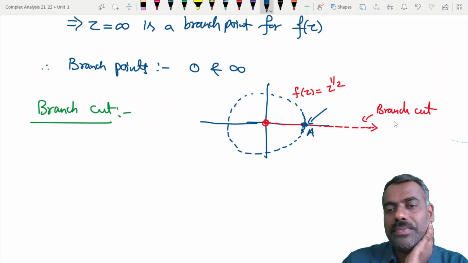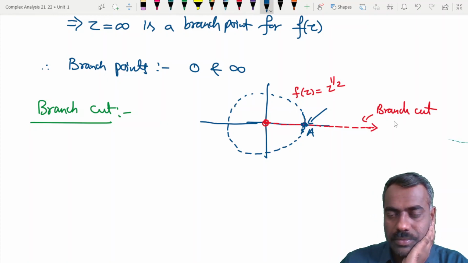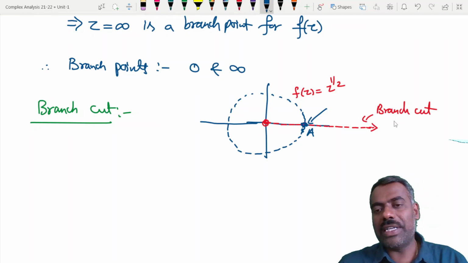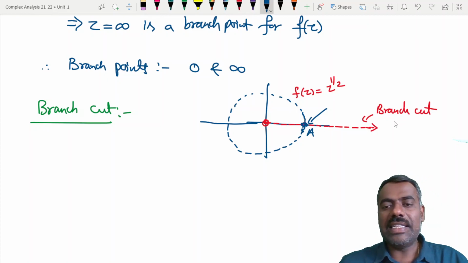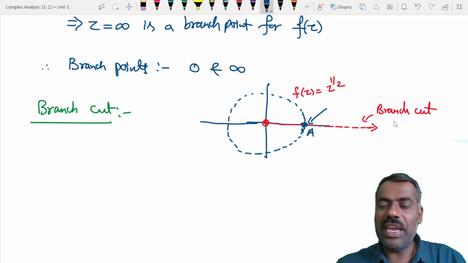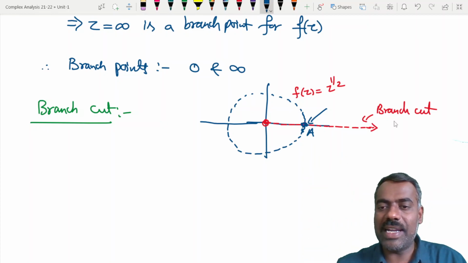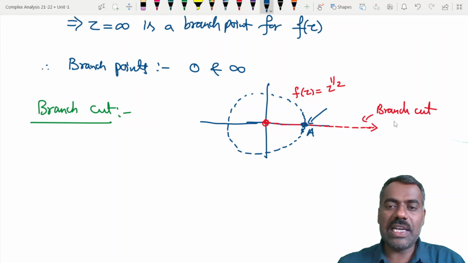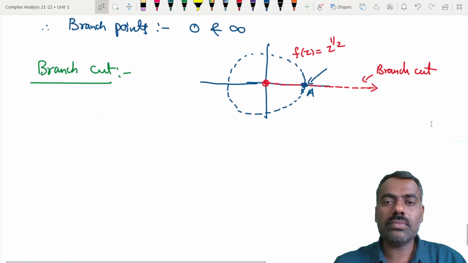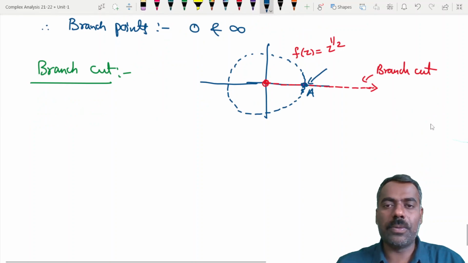Is this clear? So what is this branch cut? It is nothing but the line joining 0 to infinity. It will keep on going. Otherwise, you can go and come back to that place. You can have a bigger circuit. So it is not just a line segment. It is the entire line starting from 0 to infinity. Is this clear? Yes or no?